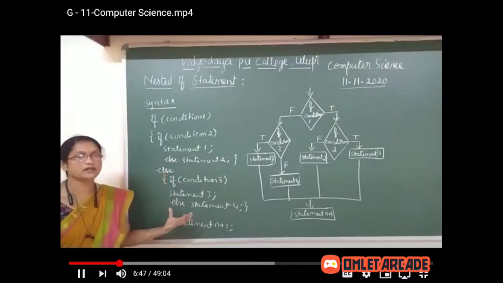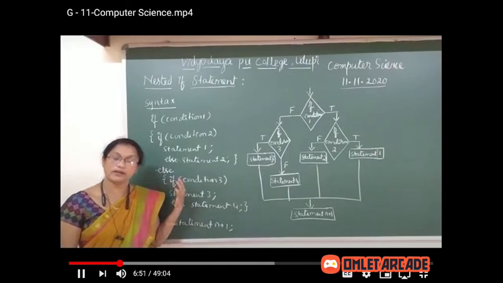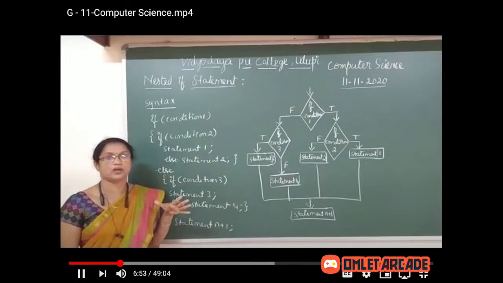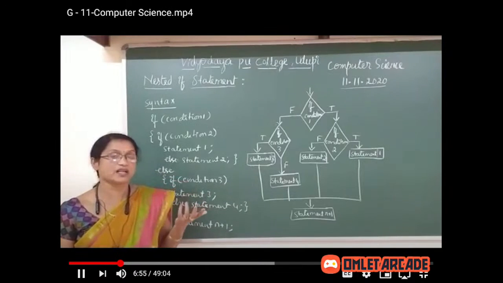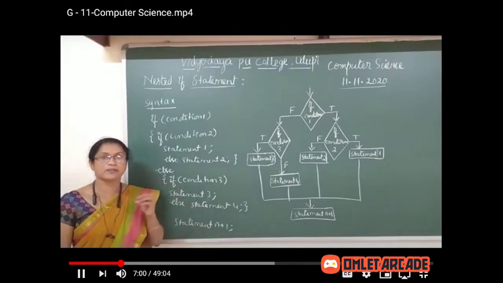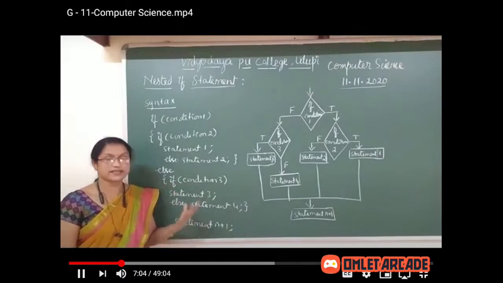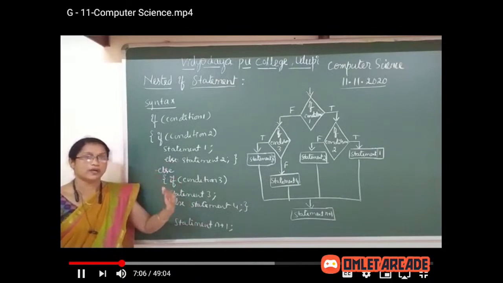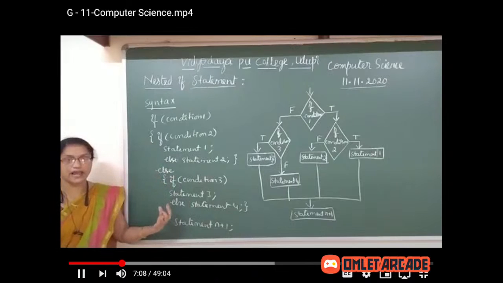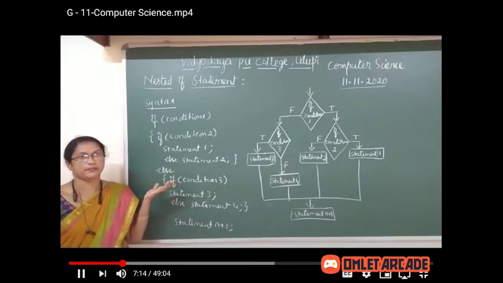Okay. So, a 5 mark question again: explain nested if statement with the programming example. Or with an example. If they ask with an example, then just write part of the program. With the programming example means you have to write the program. Sometimes they ask you to write the syntax also. So what is nested if and syntax, that is for 3 marks. If it is for 5 marks, with the programming example.